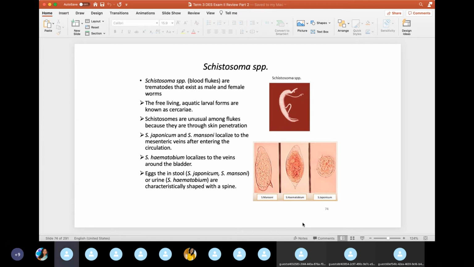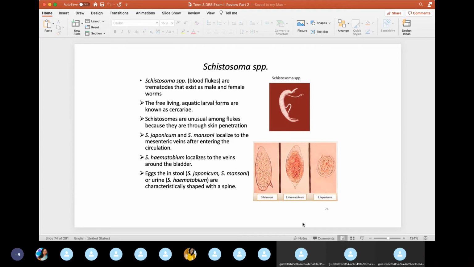Japonicum, does it not have a spine, or I just don't see it? I think the Japonicum is just round. Yeah. Okay. And don't forget, where can we get these eggs? Japonicum and Mansoni can be found in the stool, and the Hematobium can be found in the urine, right?